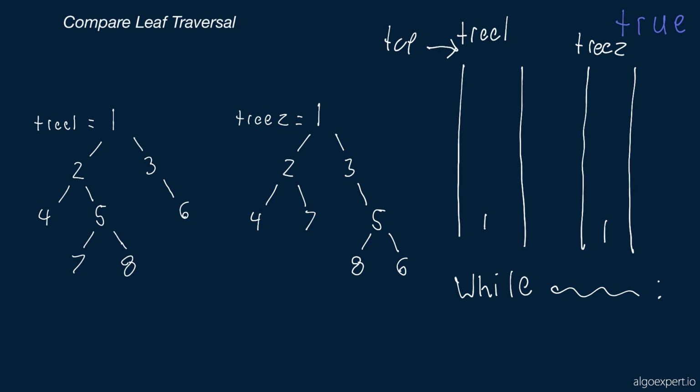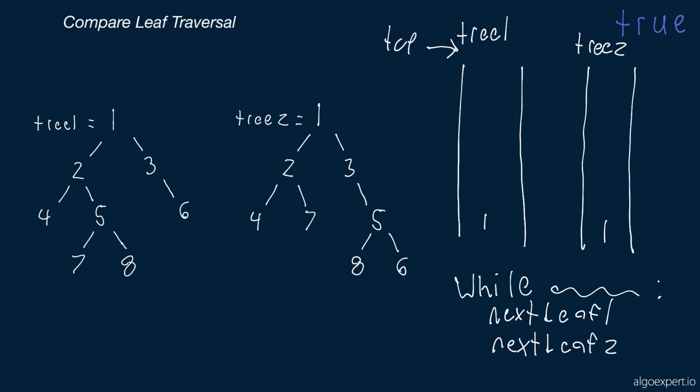Anyways, inside of here, what we're going to do is look for the next leaf for tree 1, and then look for the next leaf for tree 2. These are the 2 pieces of information that we want to find. So we're going to say that next leaf 1 is equal to some function that will take this stack here and find for us the next leaf node in the tree, starting at this node for the pre-order traversal.